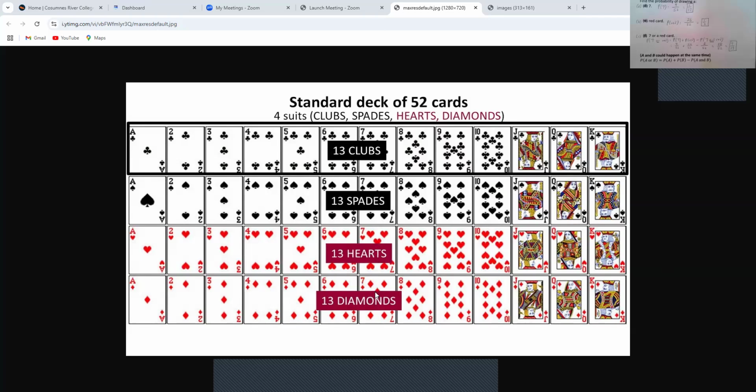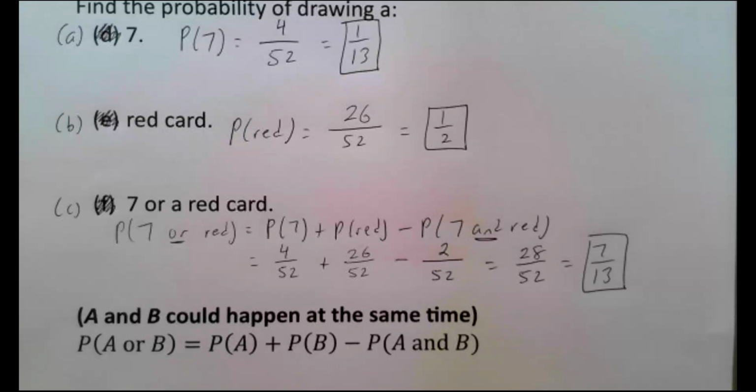But when we did that, we were counting these twice, these 2 red sevens. And so we had to subtract the 2 red sevens at the end of the formula. So that's what's happening in the formula. The 4 sevens, the 26 reds, fixing our double counting by subtracting the 2 that we had counted twice, the 2 red sevens. Turns out 28 of the 52 cards meet at least one of those criteria. 7 out of 13 chance.